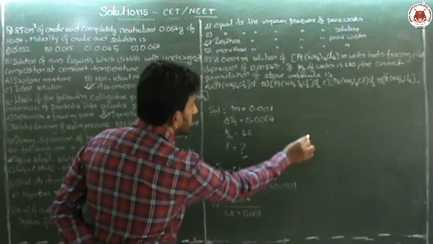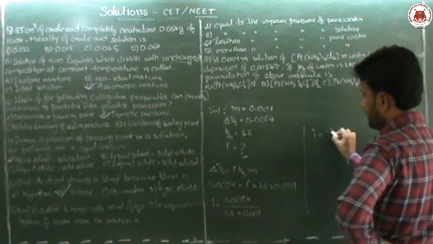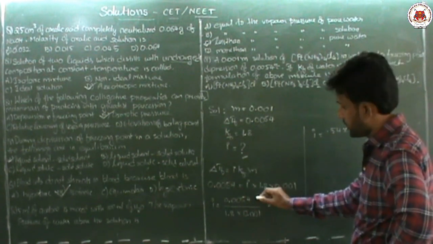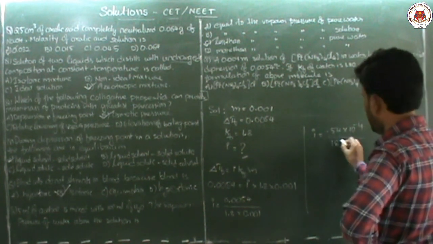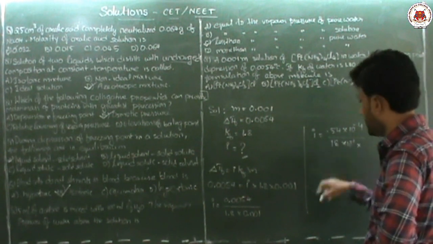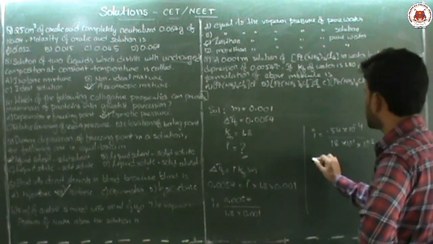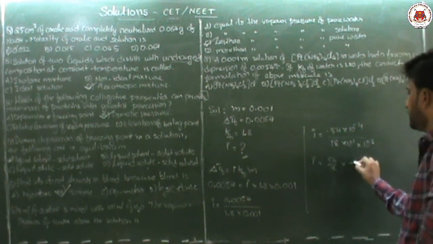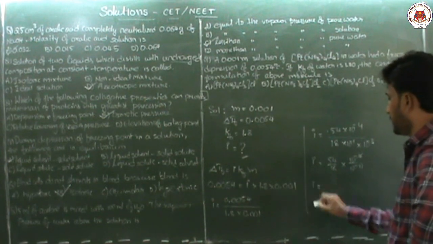For simple calculation, I write 54 into 10 to the power of minus 4, considering four decimal places, divided by 18 into 10 to the power of minus 1 into 10 to the power of minus 3, which is 18 into 10 to the power of minus 4. This gets cancelled, so i is equal to 54 by 18.